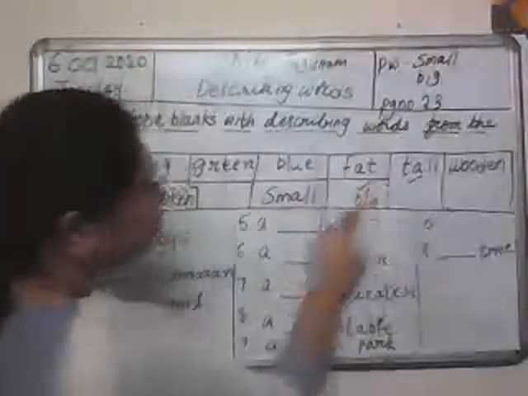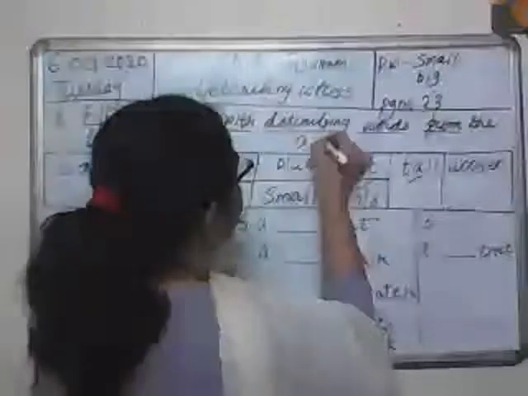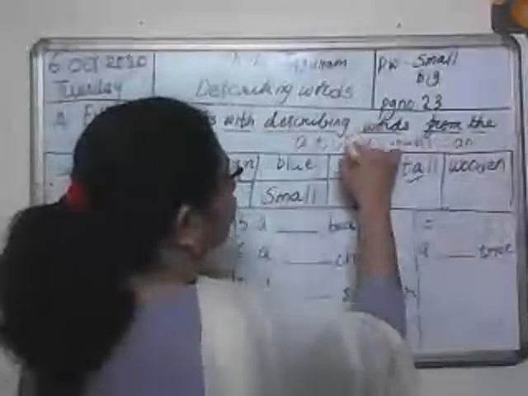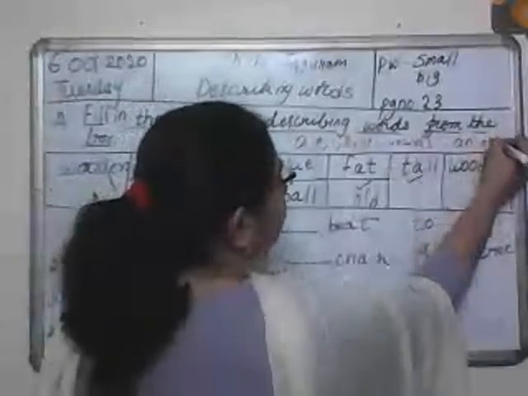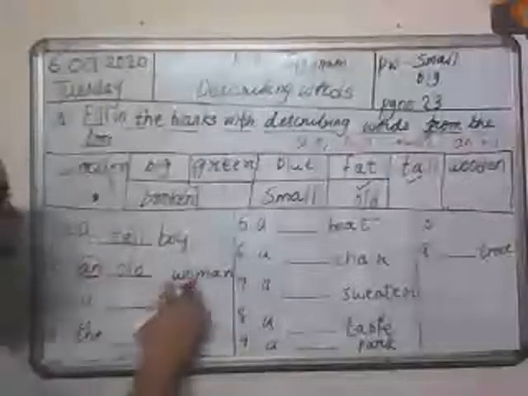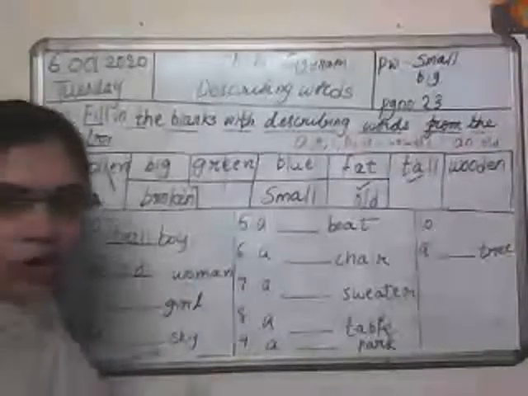If you see this old, O is a vowel. A, E, I, O, U are vowels. If any word is starting with these letters, I should use an before the word. So it is an old. Let me write O-L-D, old. An old woman.